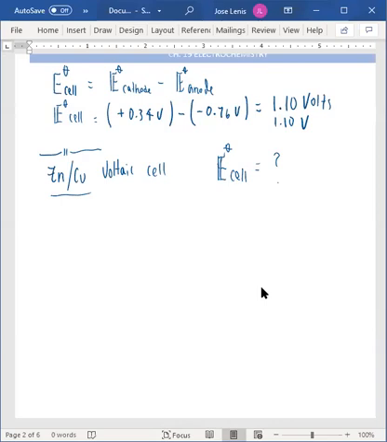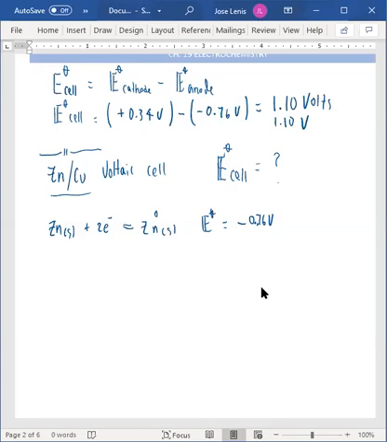For the zinc, we found zinc 2 plus plus 2 electrons in equilibrium to form zinc metal. And this half reaction has a potential, EMF or electromotive force, equal to negative 0.76 volts.